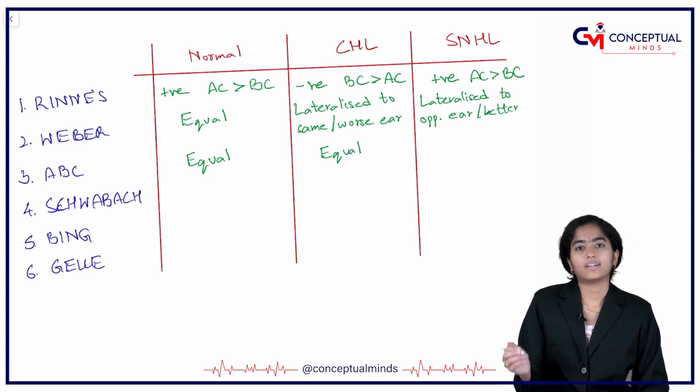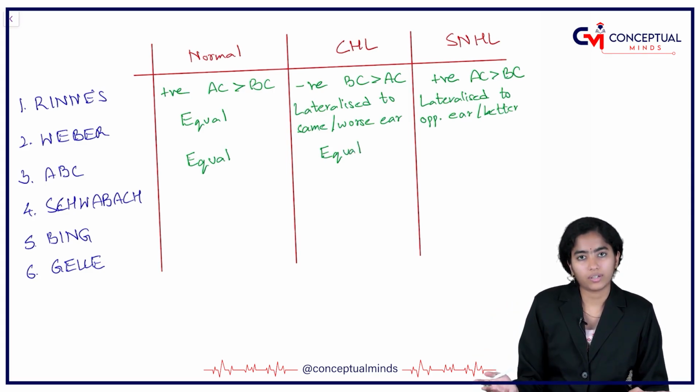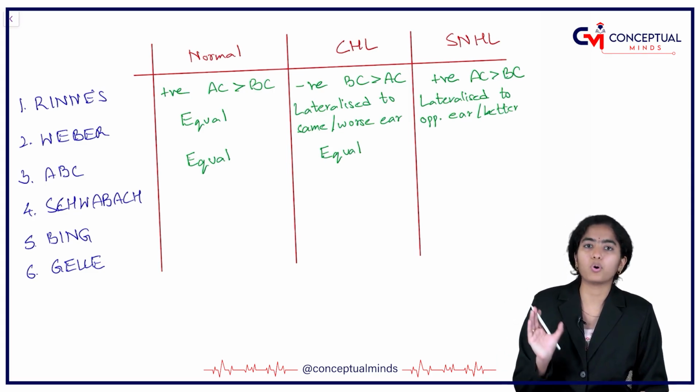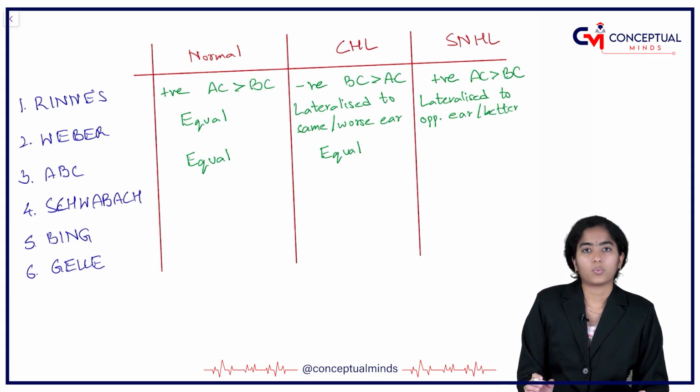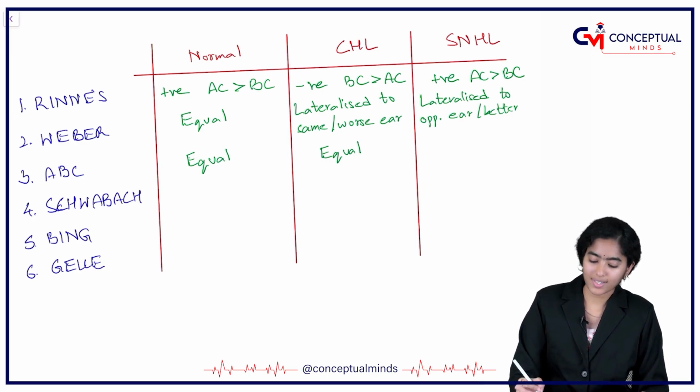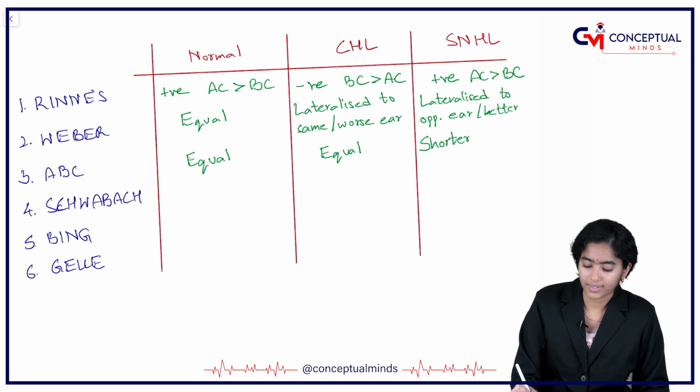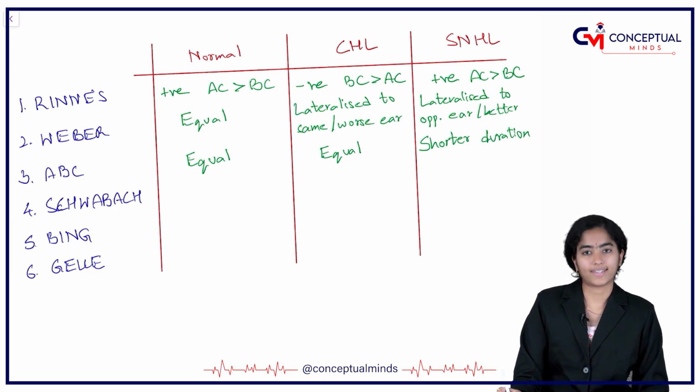Why? The external auditory canal is anyways occluded. We are only checking the effect of bone conduction. So when he is having conductive hearing loss, that doesn't come into account. We are only checking for the sensorineural component. So when the patient is having sensorineural hearing loss, he hears it for a shorter duration than the examiner.